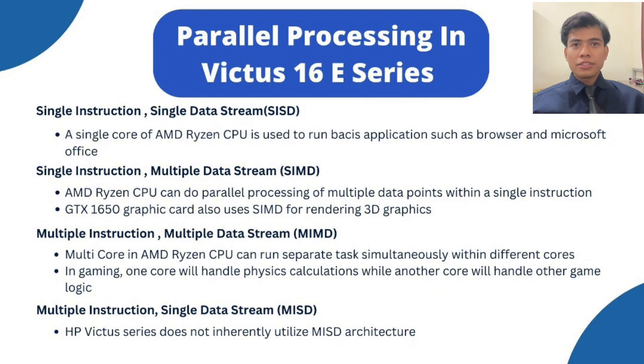Also, the GTX 1650 graphics card uses SIMD for rendering 3D graphics. Next, VICTUS 16 also uses multiple instruction, multiple data stream (MIMD), where multiple cores in the AMD Ryzen CPU can run separate tasks simultaneously on different cores.